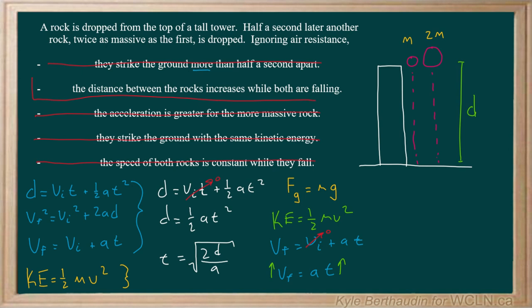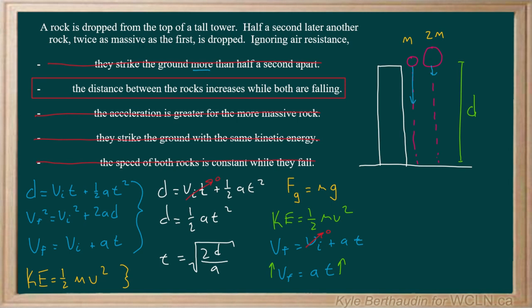That is, the distance between the rocks increases while both are falling. And this is true. When we release the rocks, initially the mass m first, we know that it's going to begin to fall. It's going to have fallen some distance before the second rock is released.